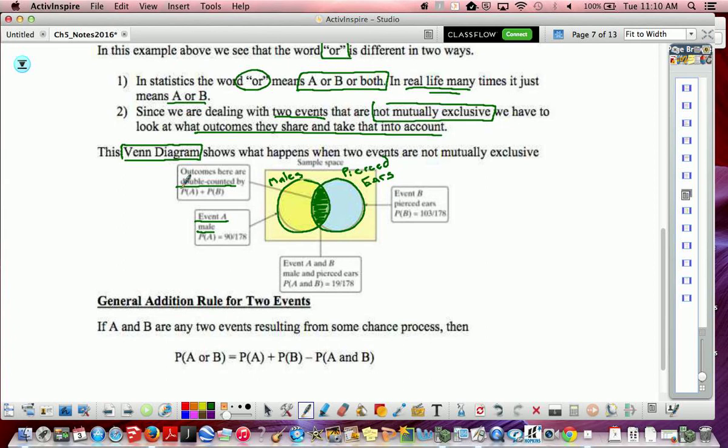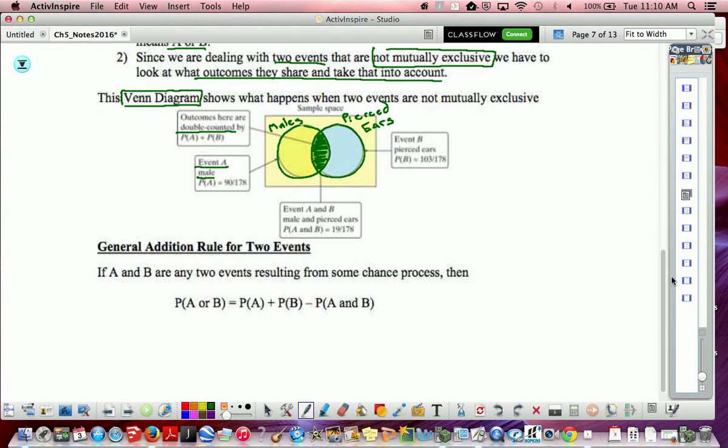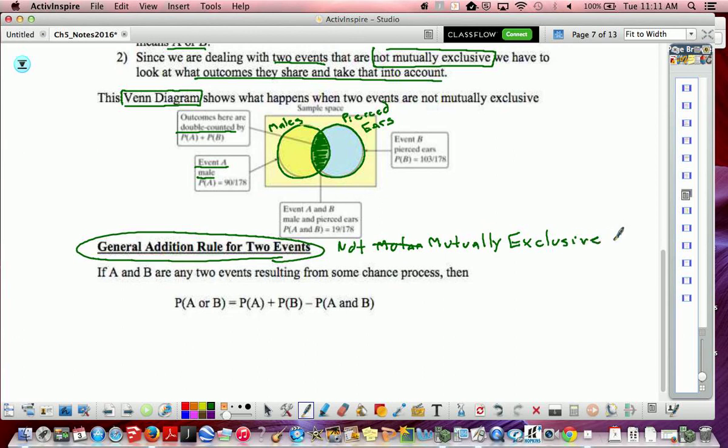So when we have two events that are not mutually exclusive, or disjoint, we take into account one additional piece in the formula.